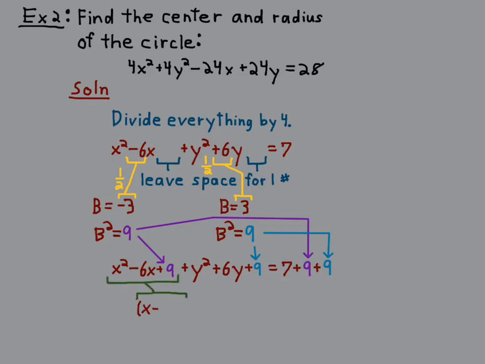Okay, so now I'm going to factor this trinomial. And it's always going to be x plus the b. So it's going to be x minus 3, the quantity squared, right? And then this is y plus its b, which is 3. So this is y plus 3.